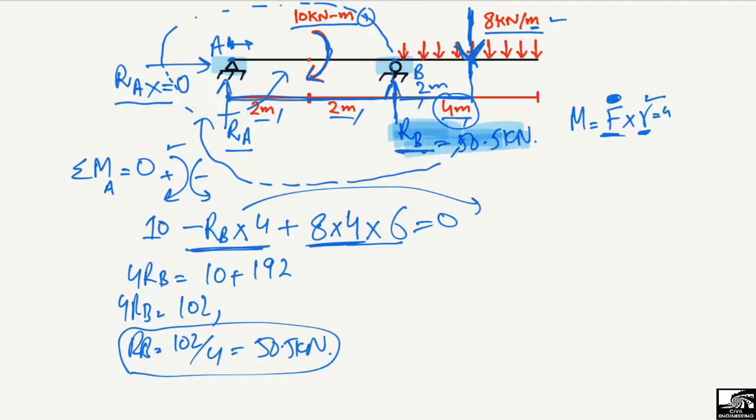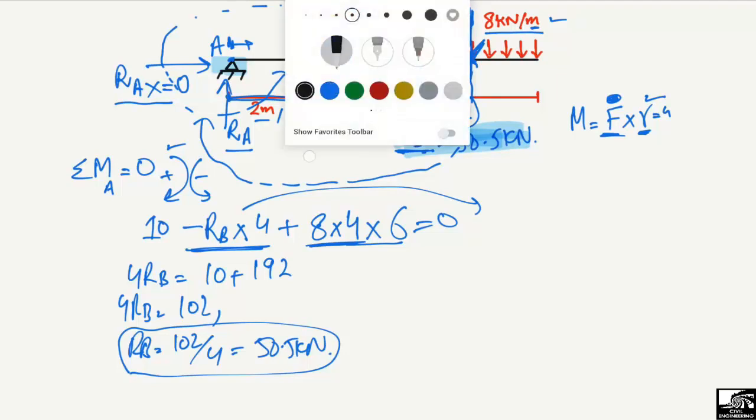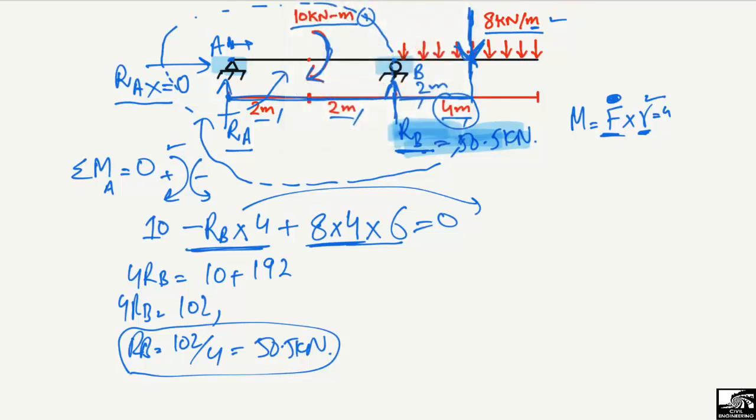Now to find the second support reaction, RA, I can use the equilibrium equation, summation of vertical force is equal to 0, and let's suppose the force acting in the upward direction is taken as positive, and the force acting in the downward direction is taken as negative. So the forces start again from point A. The first force acting in the upward direction is RA.